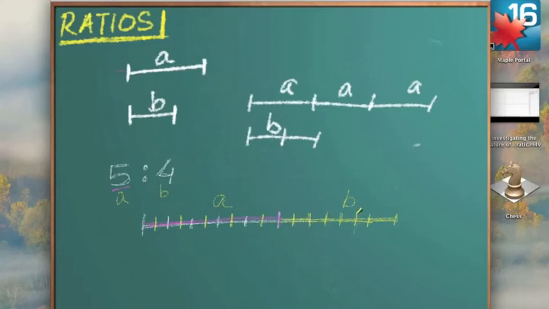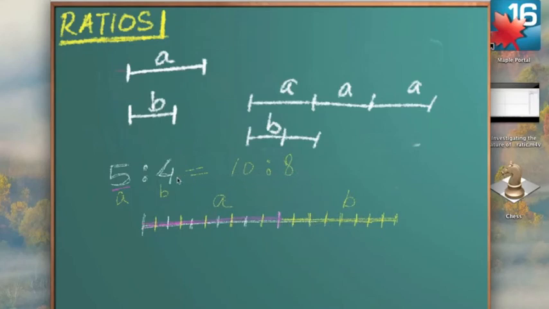Then A would have spanned not 5 but 10 equal pieces, while B would have spanned 8 equal pieces. So clearly 5:4 is the same in disguise as 10:8, because clearly the ratio of this length A to this length B is the same as this, right? Because we didn't do anything with the lengths, we just divided our pieces into more equal pieces. So 10:8.